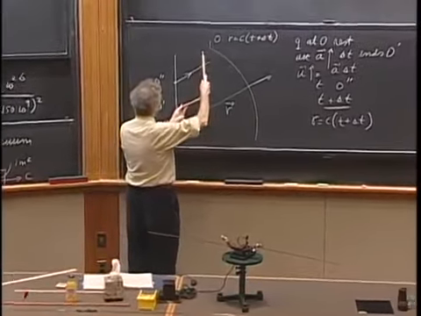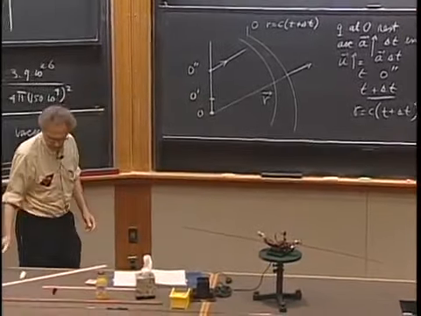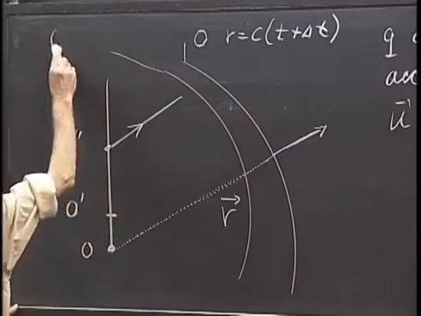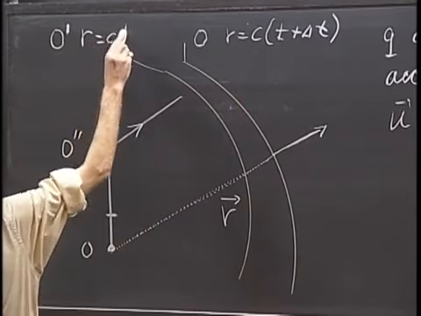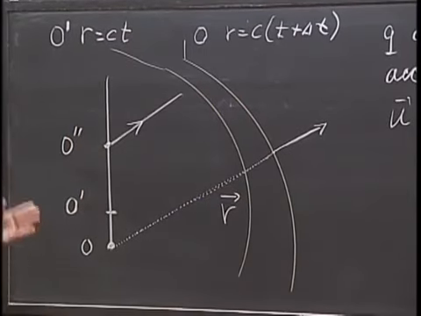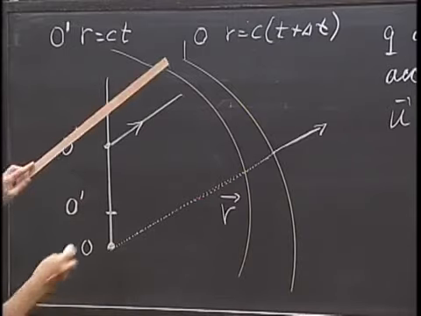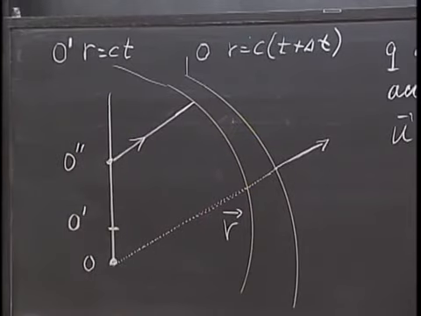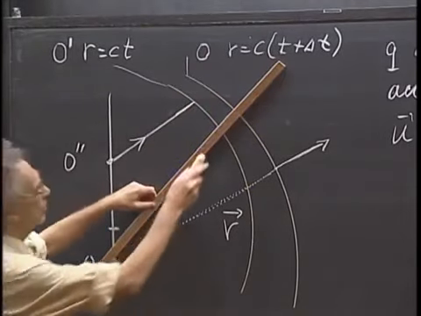This sphere has radius ct, with the origin at O prime. Everything inside that sphere recognizes that the field is radially outward from point O double prime, and everything outside here still thinks that the electric field is like this.